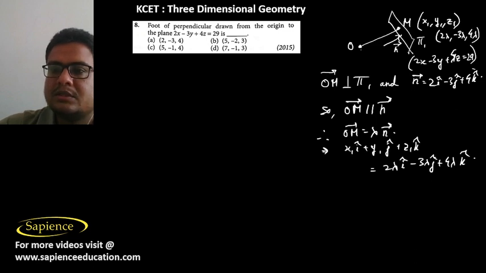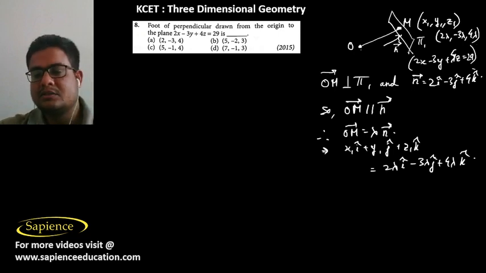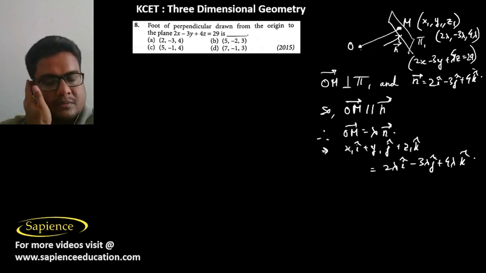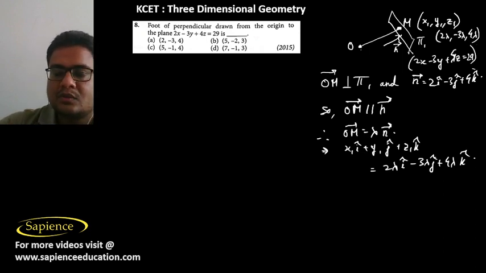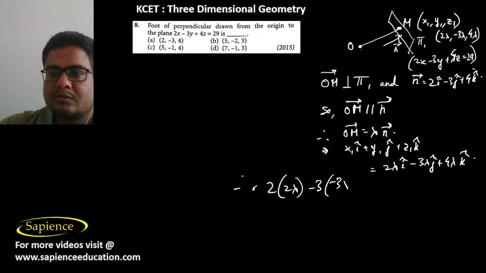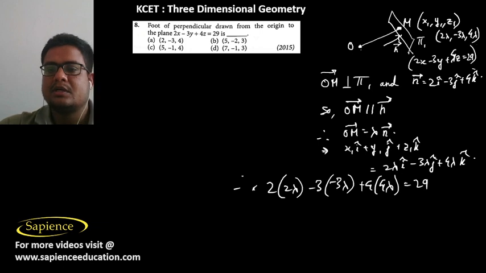And since point M is the foot of the perpendicular on the plane, point M lies on the plane itself. So it should satisfy the equation. Therefore 2 into 2 lambda minus 3 into minus 3 lambda plus 4 into 4 lambda is equal to 29.